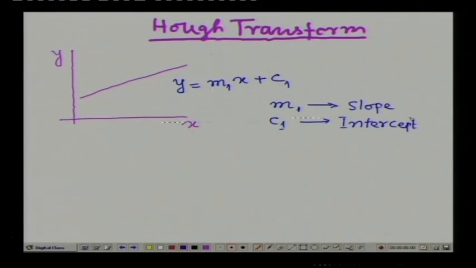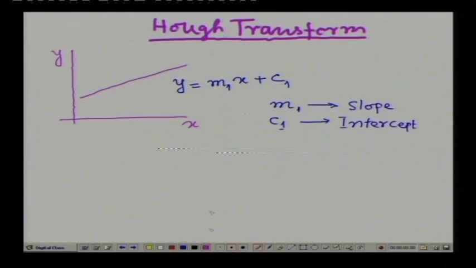Now, if I map this straight line to the parameter space, because I have two parameters, slope and intercept, our parameter space will also be two dimensional. So, I am trying to map this straight line into the parameter space. I draw this m c plane.